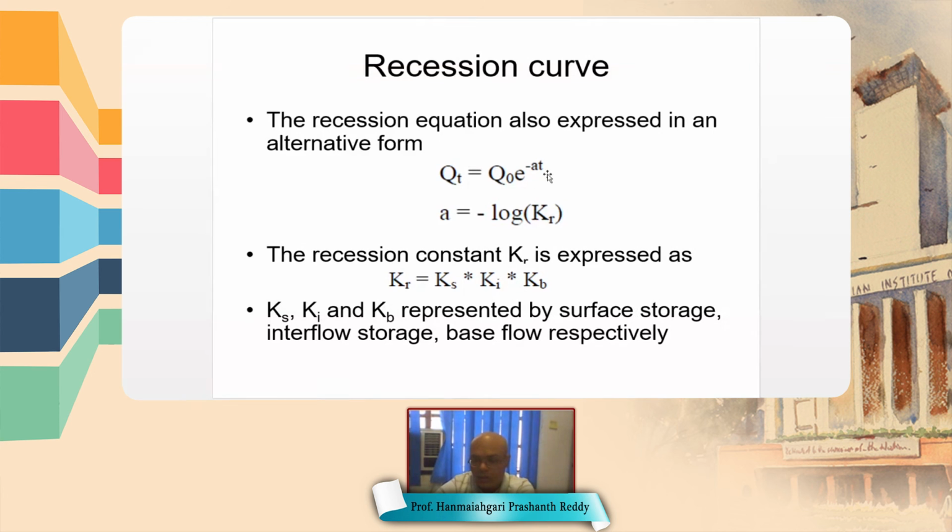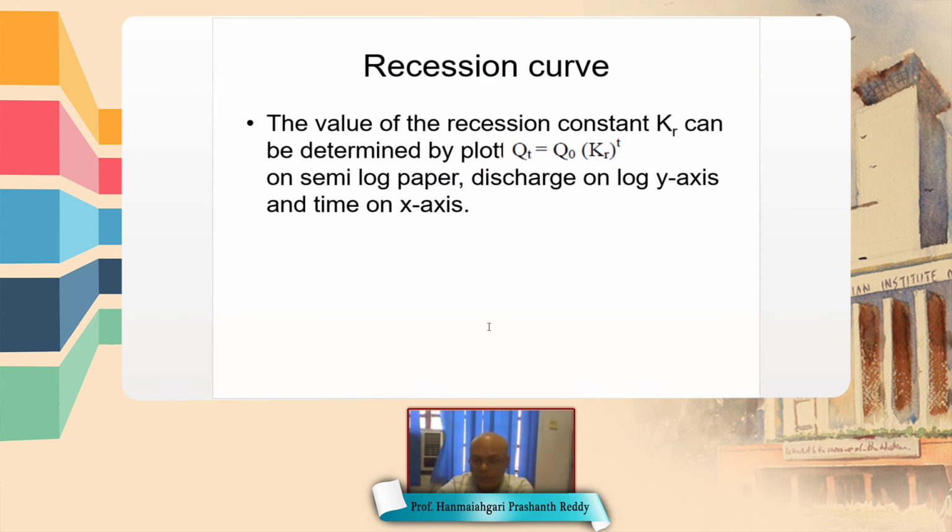This is another way of representing the recession curve. Qt = Q0 e^(-at), where a is the decay constant, which is also called the recession constant. So a is a function of Kr. Kr is the recession constant, and the recession constant is a function of surface storage, interflow storage, and base flow storage.